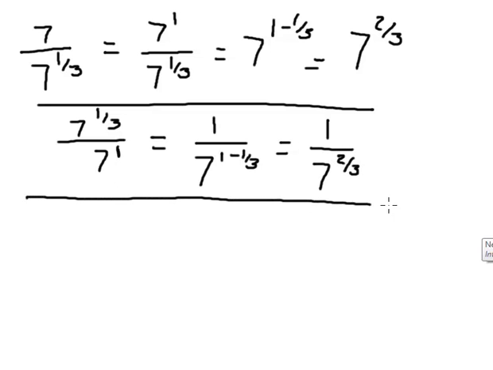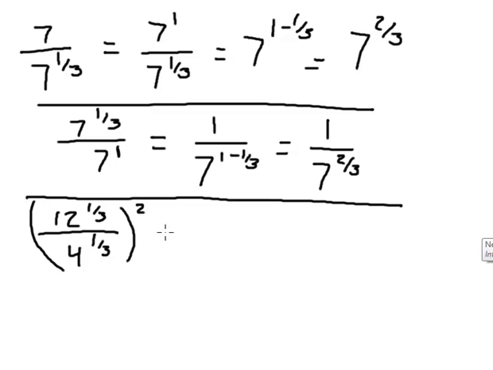Alright, now I'm going to take 12 to the 1/3 over 4 to the 1/3 and raise that to the second power. Now when I look at this, I can't do what I did with the 7s because these are different numbers.